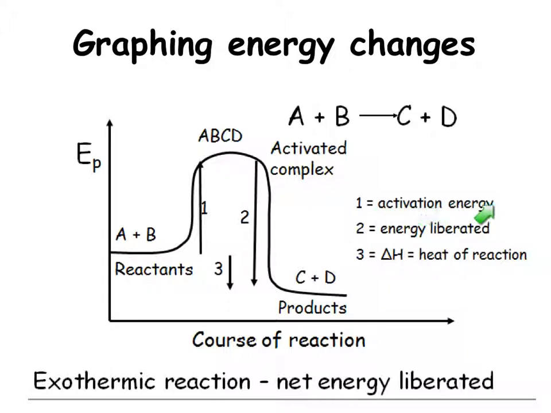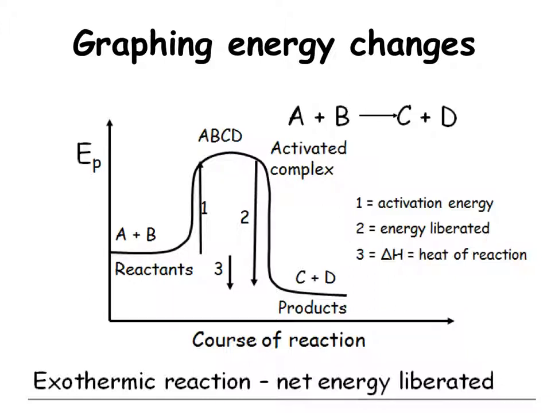Number 1 is the activation energy, the energy required to get started. The energy released is here, number 2, and the heat of the reaction is how much the energy changed between the start point and the finish point. And I can read that over there as number 3.